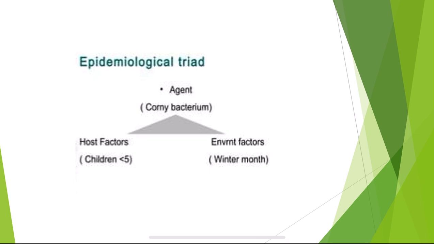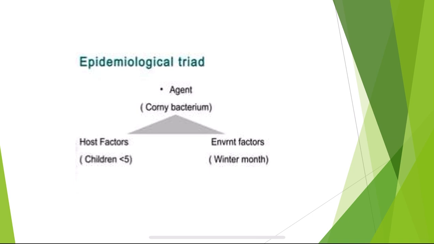Moving further to the epidemiological triad of diphtheria, we have agent factor, host factor, and environmental factor. A very important aspect from the SPM point of view is the epidemiological triad. Even from your exam schedule, it is very important that you focus on the epidemiological triad in your community medicine.